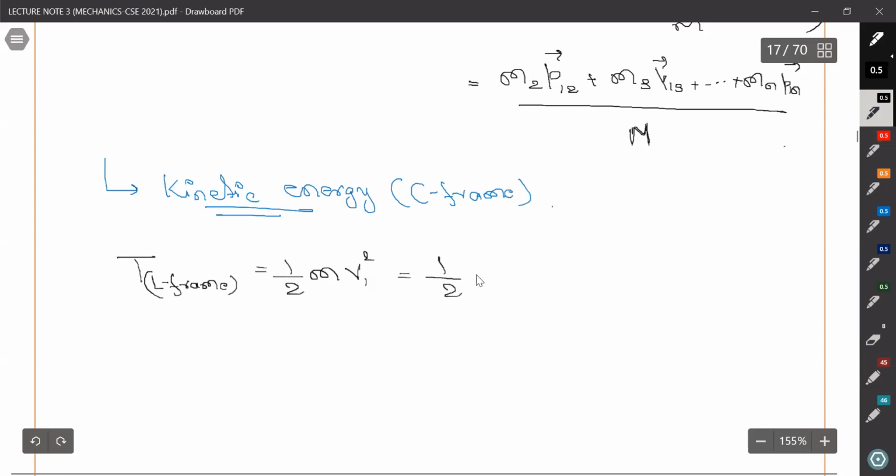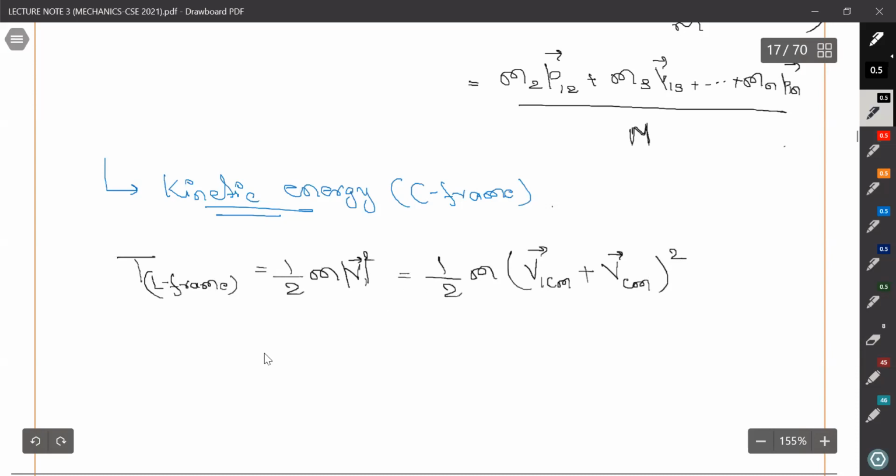We can write v1 as v1 center of mass plus v center of mass, whole square.